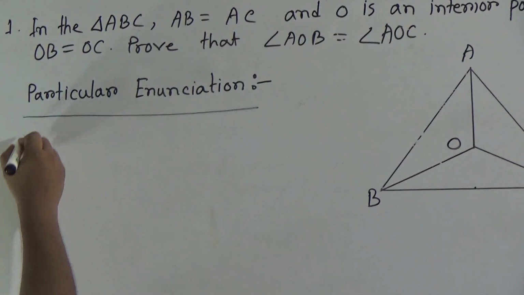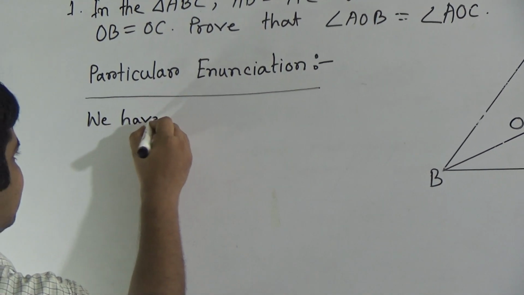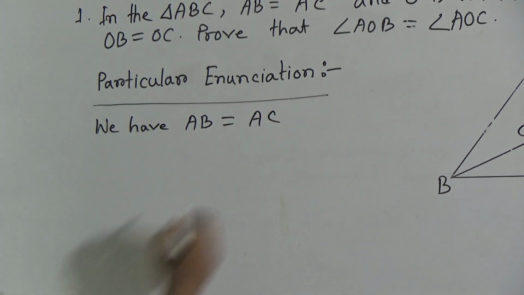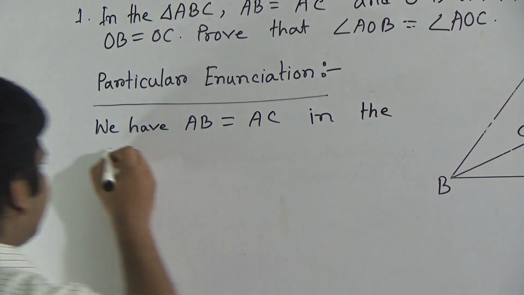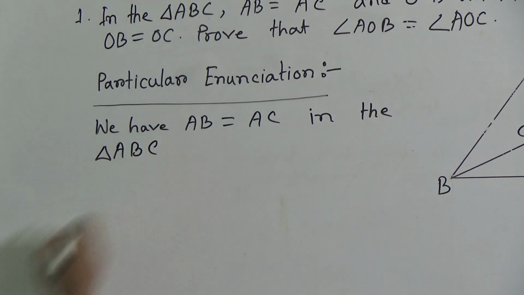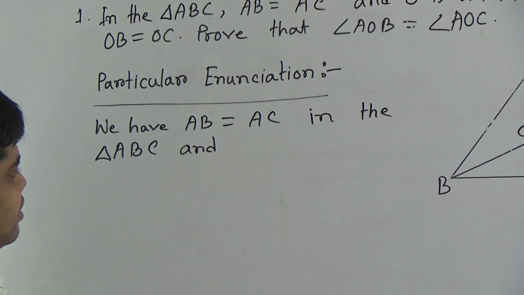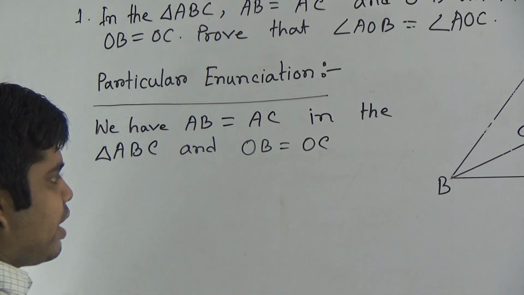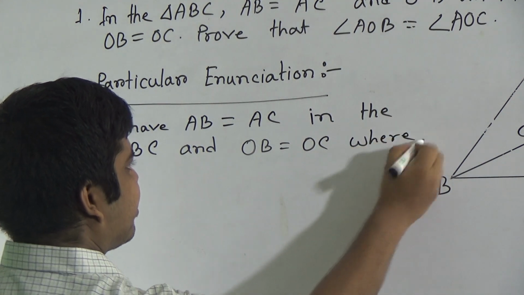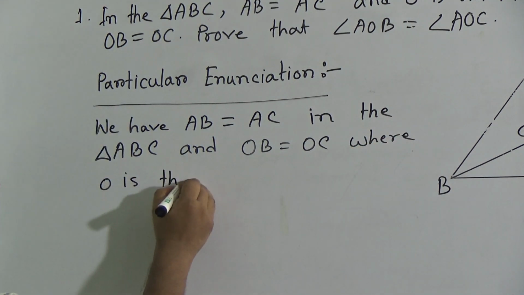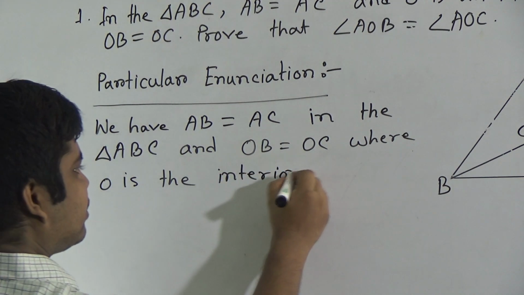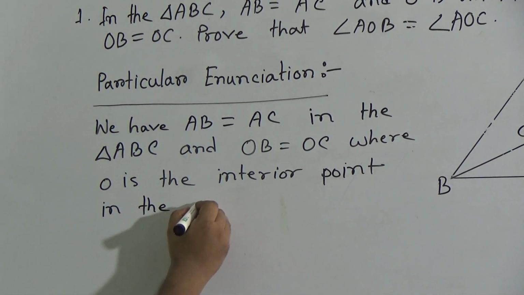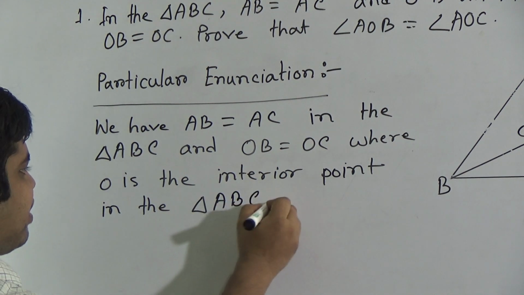Now write this. We have AB equal to AC in the triangle ABC and OB equal to OC, where O is the interior point in the triangle ABC.